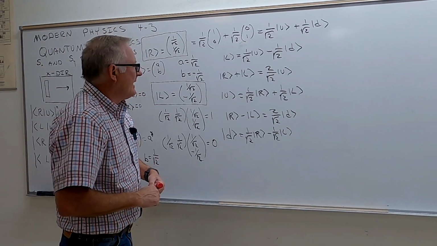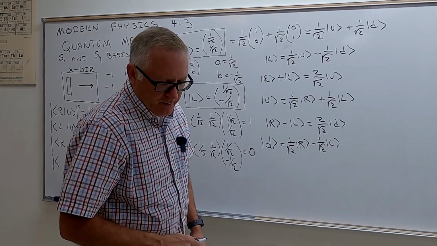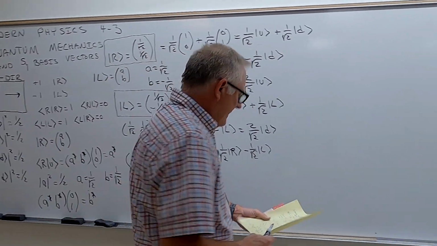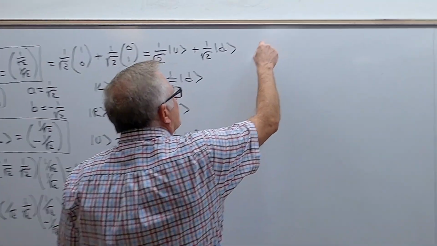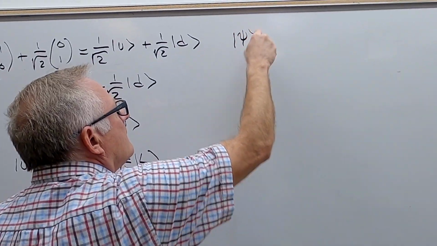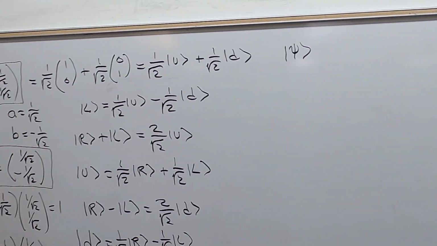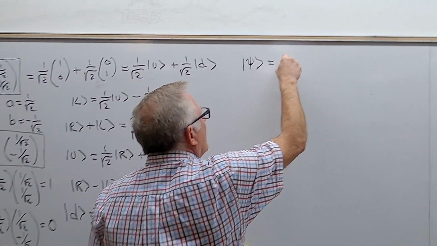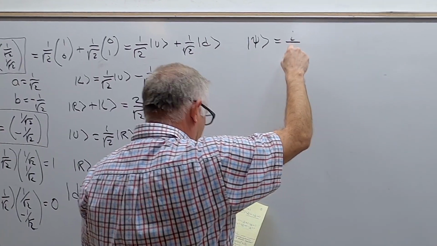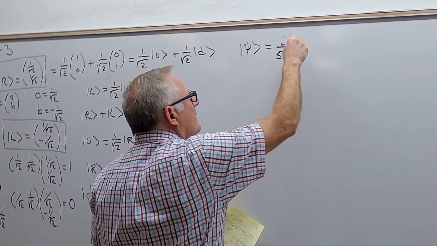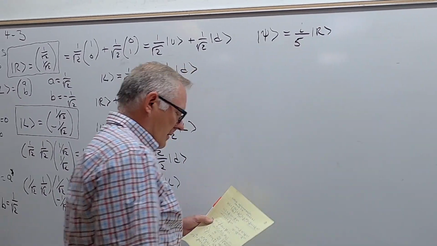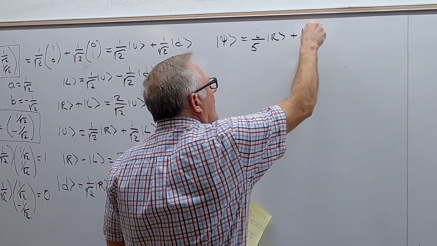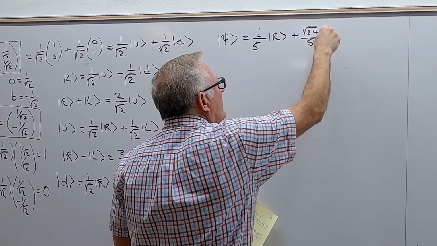Well, let's say now that we have this, let's do an example right here. Let's say we have some state psi. It's in terms of rights and lefts. So I'll just make it i over root 5 right plus the square root of 24 over 5 left.